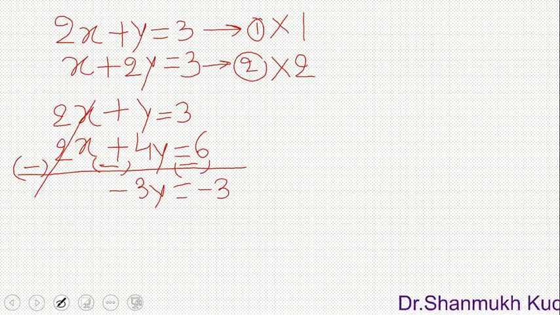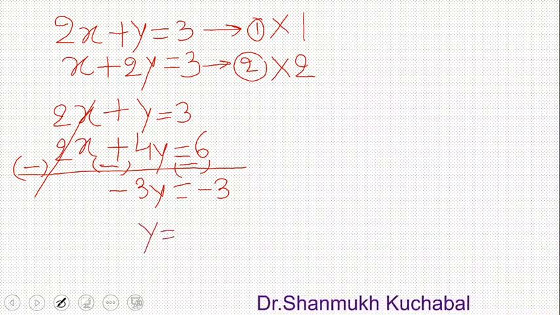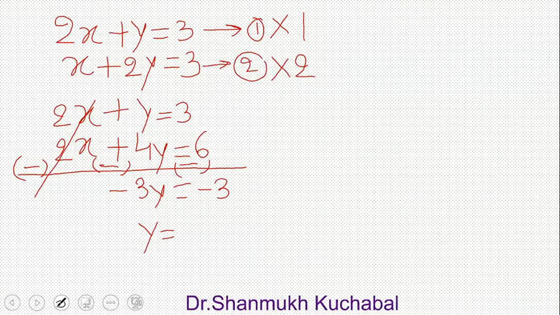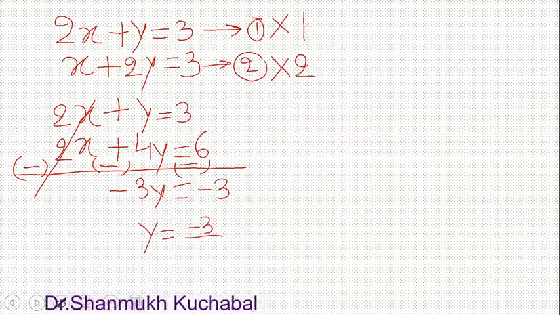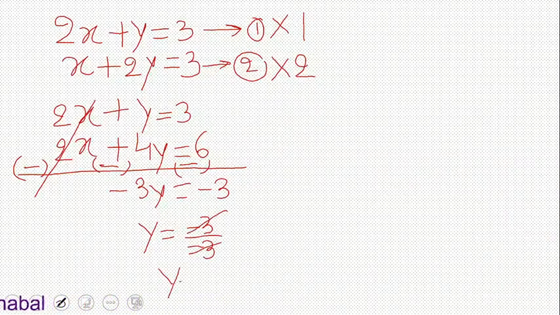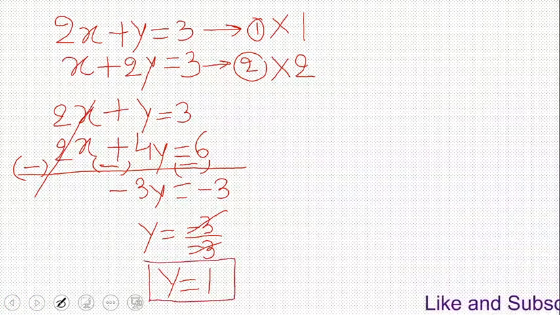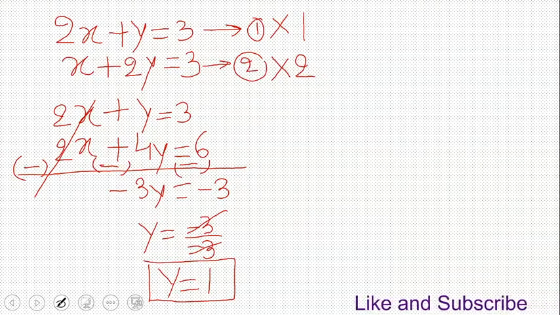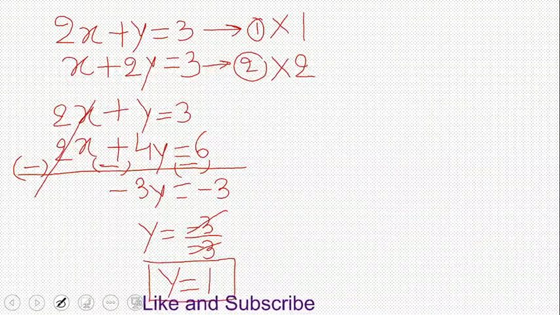So now we write the solution for y. y equals minus 3 divided by minus 3, so the minus 3 cancels, and we get the solution for y as 1. Now I take any one equation, either the first equation or the second equation. So I take the first equation.